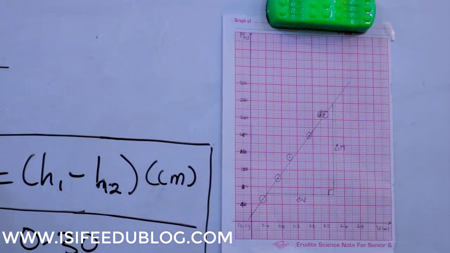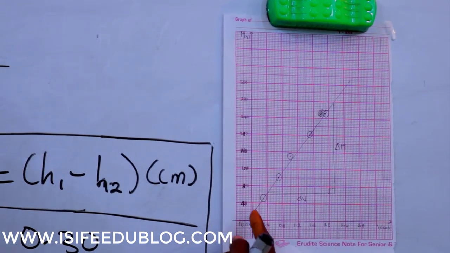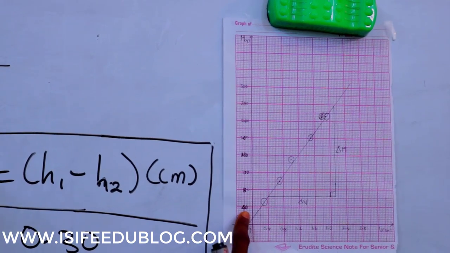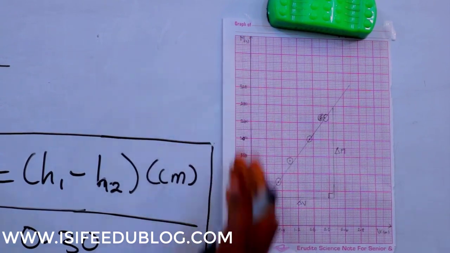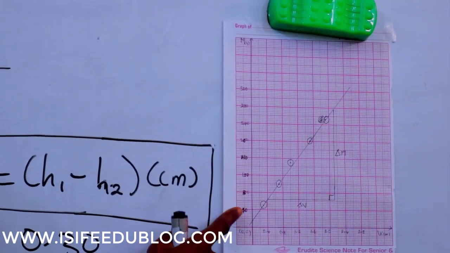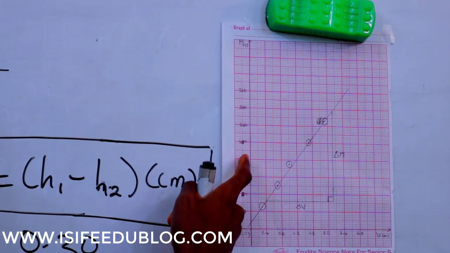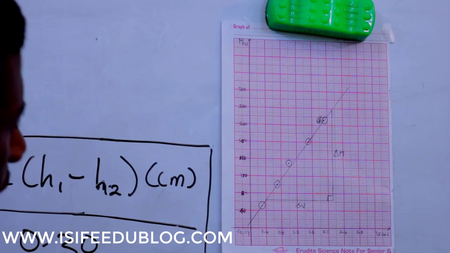Now, plotting this against this, what is the perfect scale we used? We used 2 cm to represent 40 units on the M axis. So we have 40, 80, 120, 160, and so on and so forth.